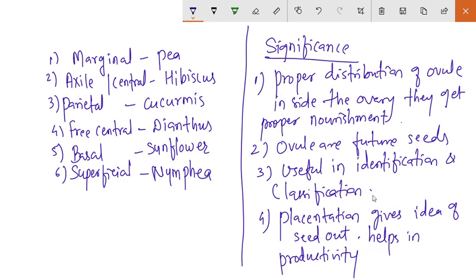Okay, so it is the significance, proper distribution, so it gets proper nourishment.